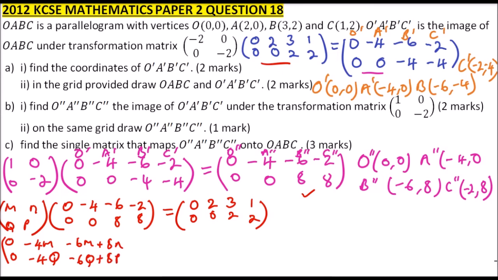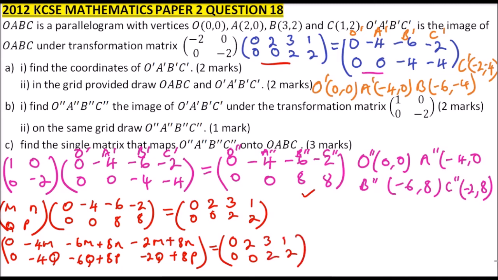Then finally we have minus 2M plus 8N, then minus 2Q plus 8P, which is equal to the matrix 0, 0, 2, 0, 3, 2, and 1, 2.